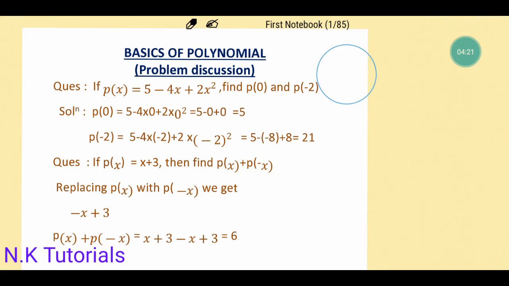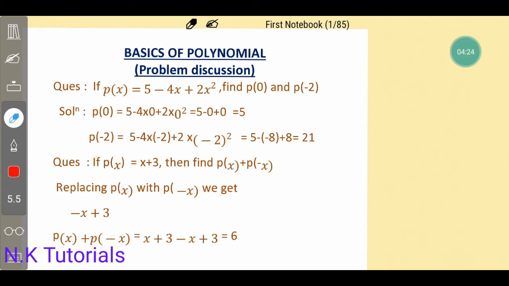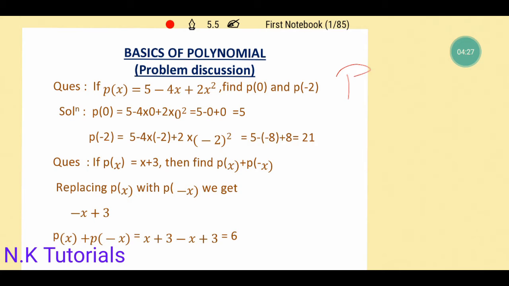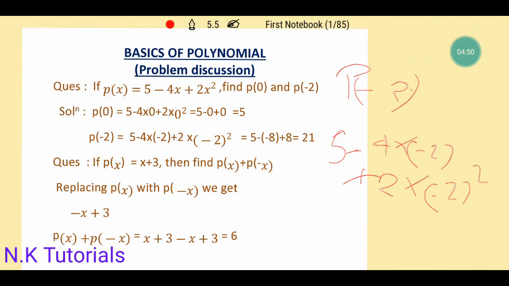Okay, now similarly, we will find the value of p(minus 2). So let's see, 5 minus 4 into minus 2 plus 2 into minus 2 whole square.